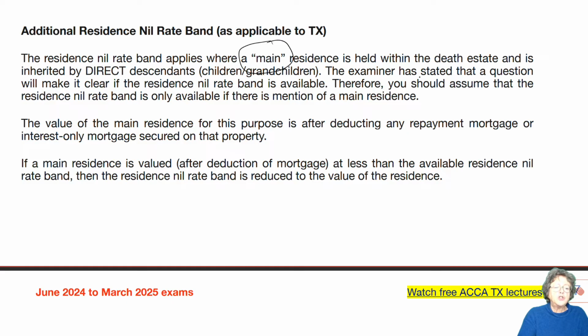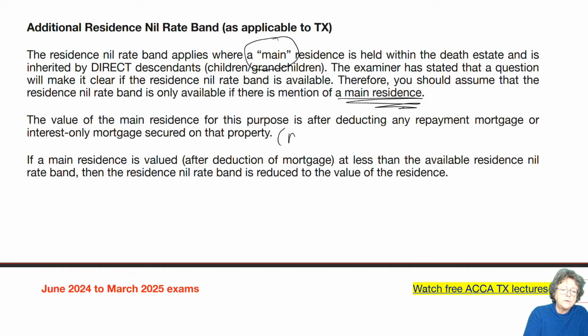Therefore, you should assume that it's only available if there is a mention of a main residence. Be careful with that. The value of the main residence for this purpose is after deducting either a repayment or an interest-only mortgage, and not an endowment.